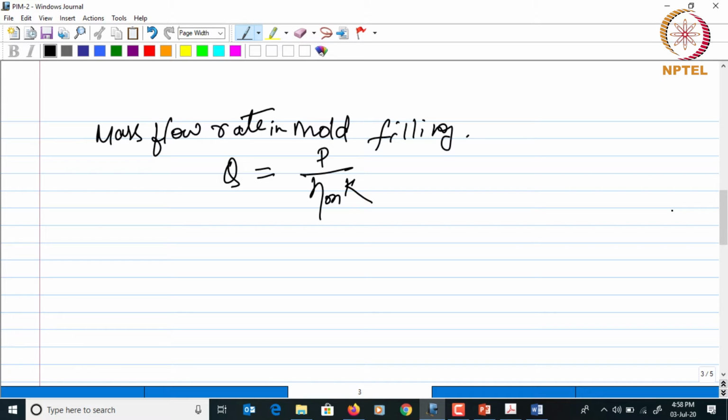For a cylindrical shape, K is given as L by pi d to the power 4, where L is the length and d is the diameter of the cylinder.